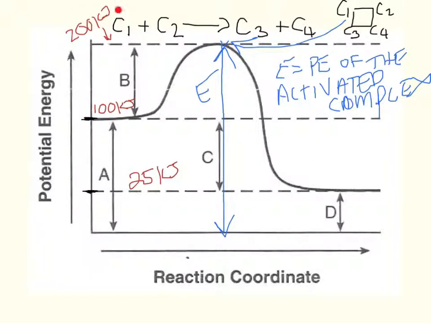So it's 200 minus 100. So the energy that we've added is the activation energy, and in this case it's 100 kilojoules. So B is my activation energy.